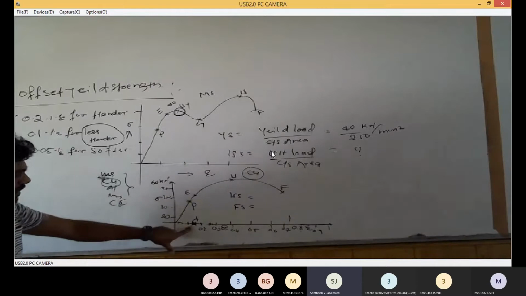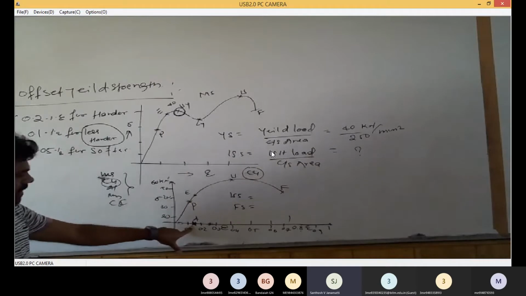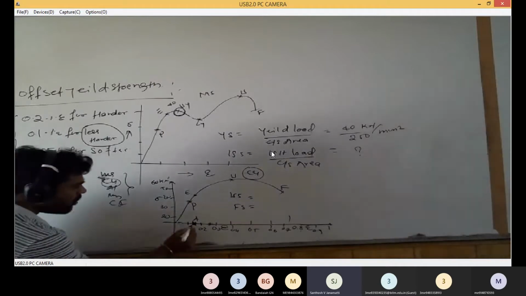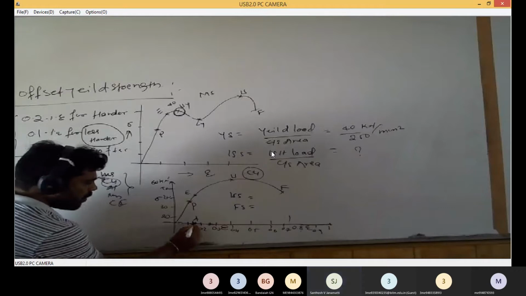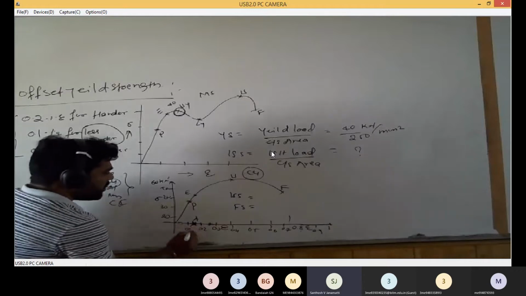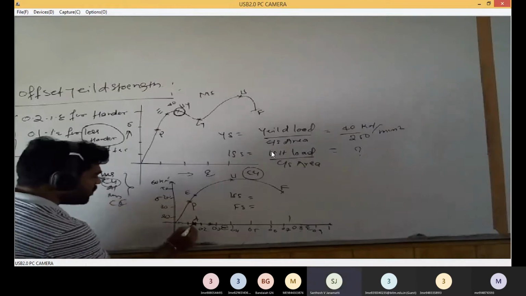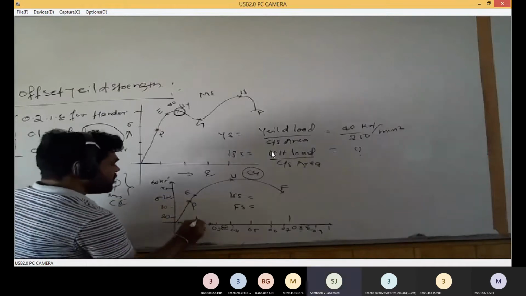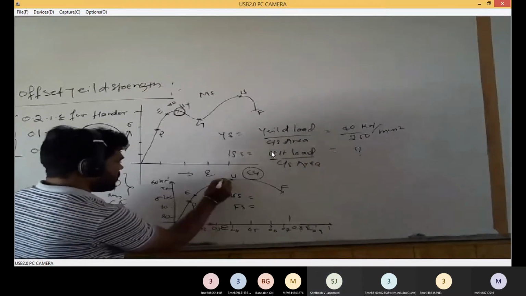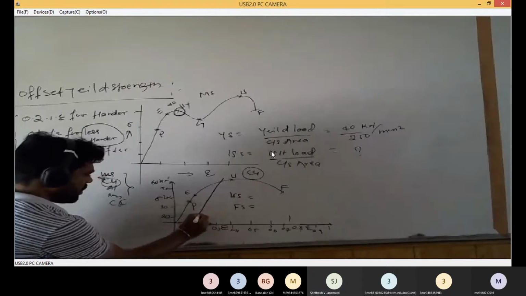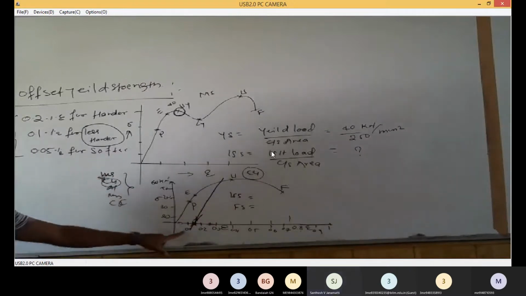Okay. Now you can hold this point and draw the straight line that must be parallel to the curve. So like this. Yes, that must be parallel to this curve.